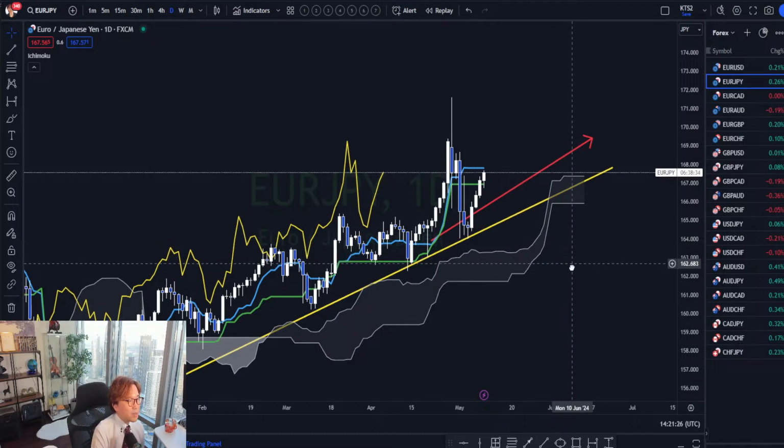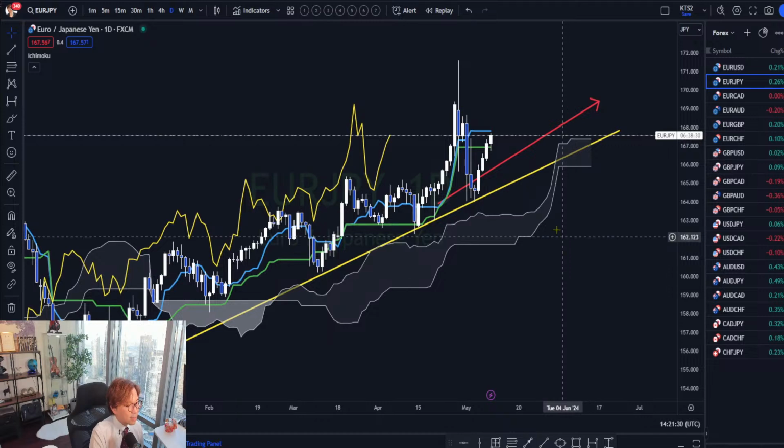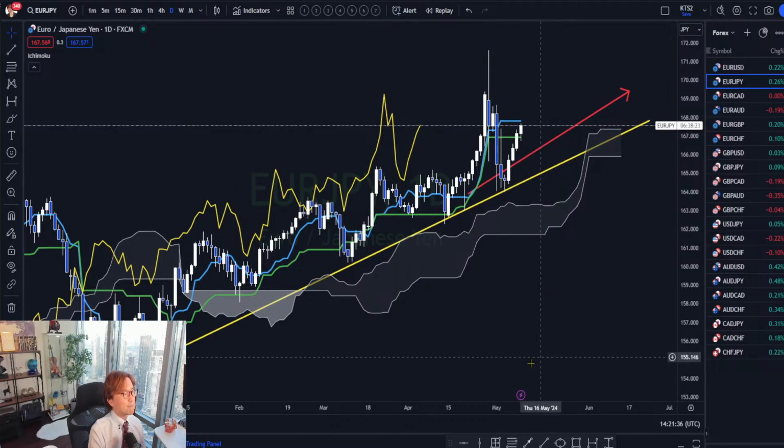So now, if I do time cycles, let me do the time cycles on the lows first. Because it's been supported by the trend line, it's easier to see the bounces. So if I take the previous swing lows, I would say these are the very distinctive swing lows.